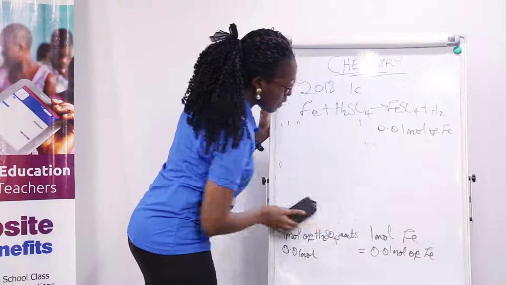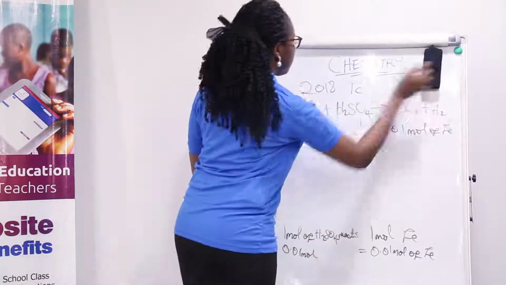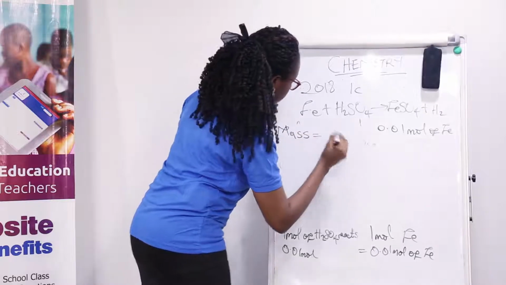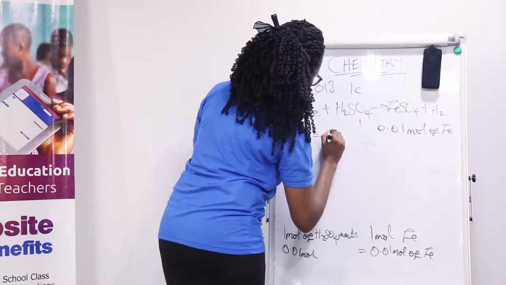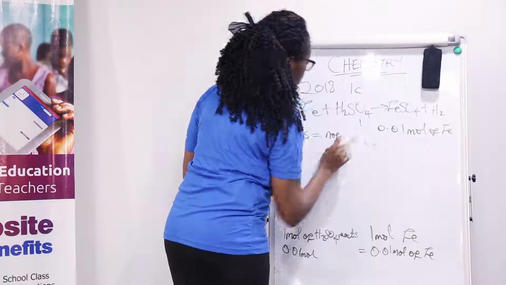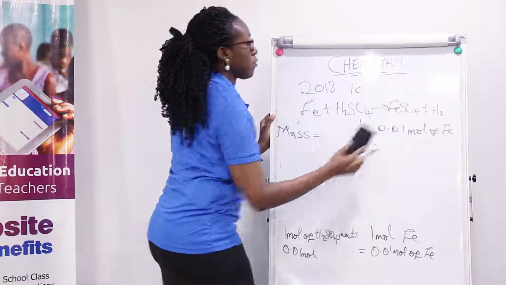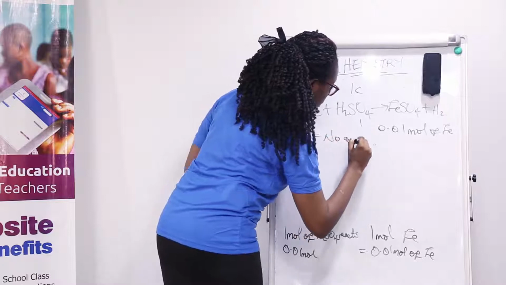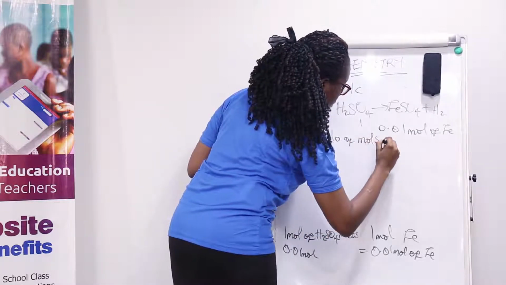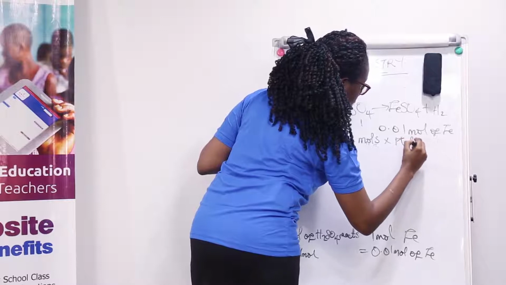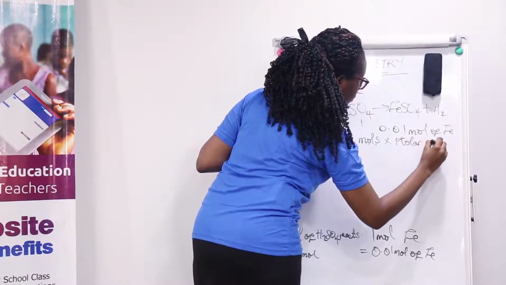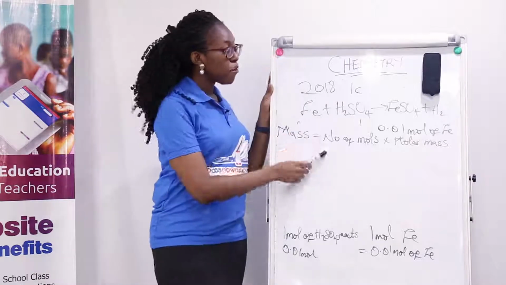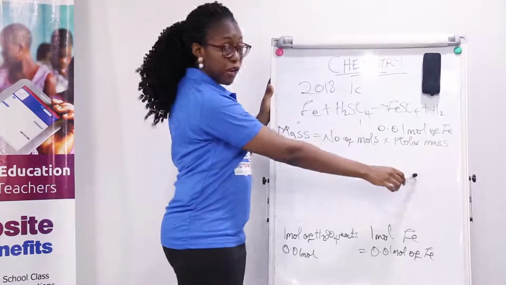To find our mass, we'll use the formula number of moles times molar mass.